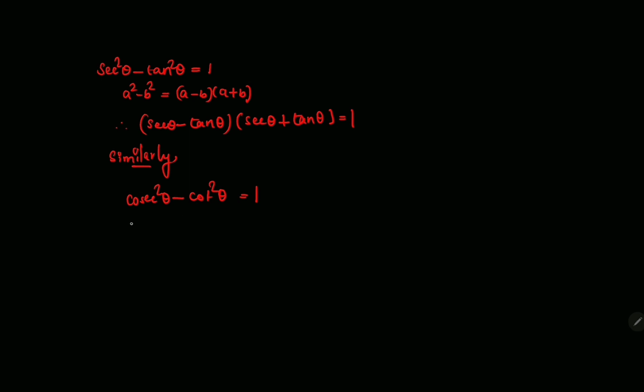Similarly, again using a square minus b square, cosec minus cot and cosec plus cot equals 1. So basically these values are reciprocals.